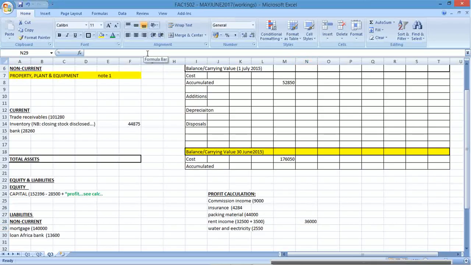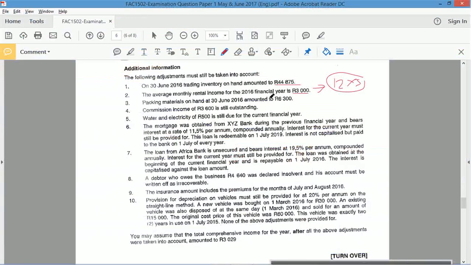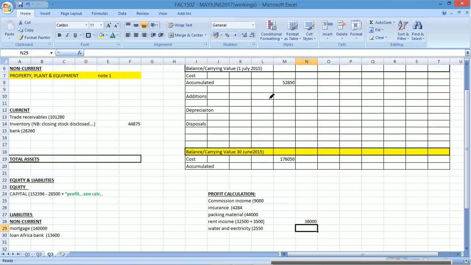If I'm adding it, that means it's accrued income, income that you haven't received. You debit accrued income and you credit the rent income. So accrued income is a current asset. Accrued rent income, open brackets, 3,500. Okay, there's an adjustment.